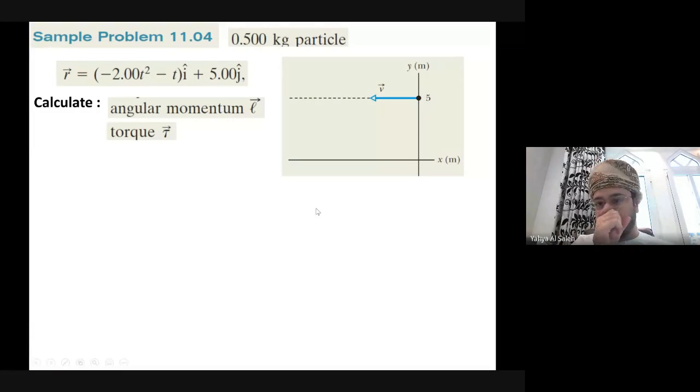Let's do a sample problem. Just like we looked at the change of momentum to find force, we'll look at the change of angular momentum to find torque.